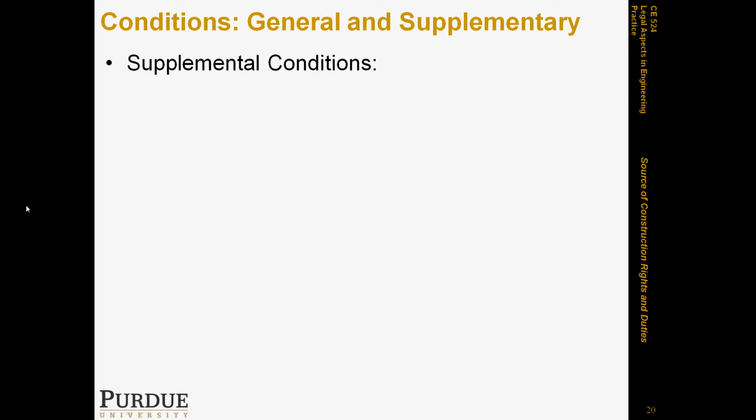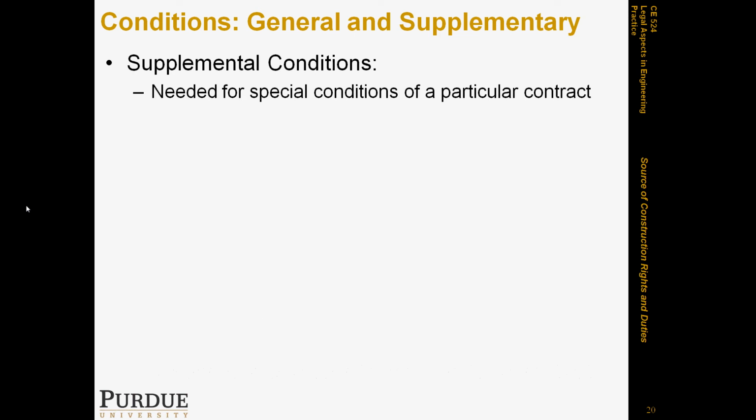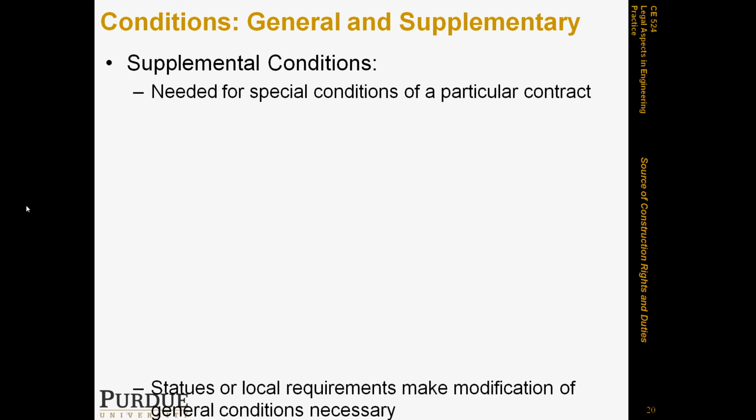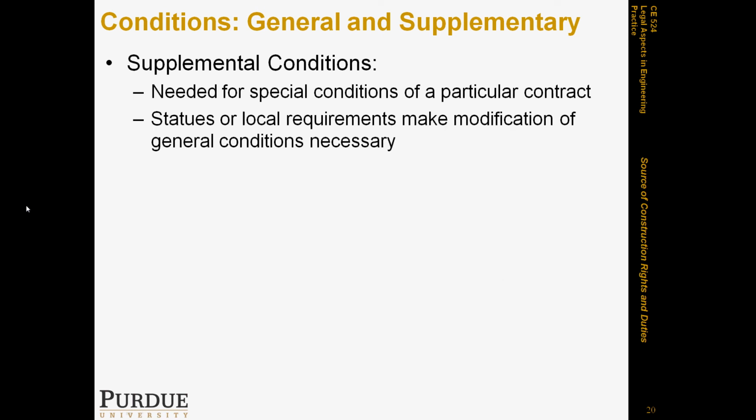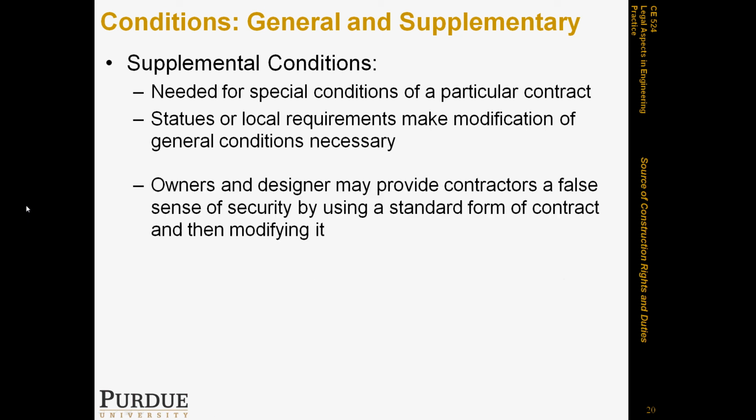As a result, supplemental conditions would talk about a bunch of topics. For example, they would talk about special conditions required for a particular contract. It would address the differences or conflicts between the general conditions and statutes or local requirements. It would basically modify the general conditions as necessary.